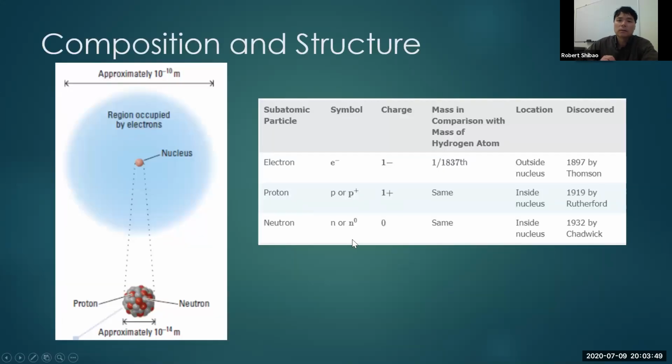All right, so what we want to know about atoms is that certain atoms behave differently than others. In other words, the properties of hydrogen are different than the properties of helium. And so if we want to better understand properties, then we better understand, what's the title of this slide?